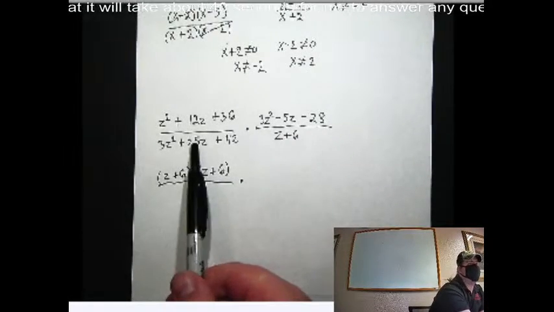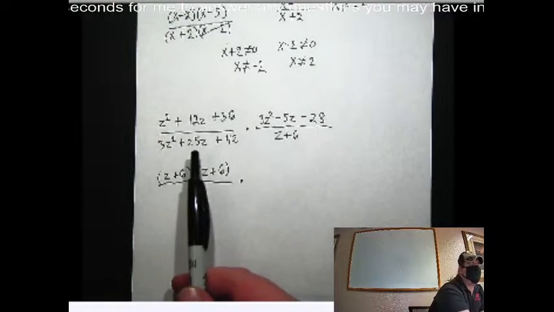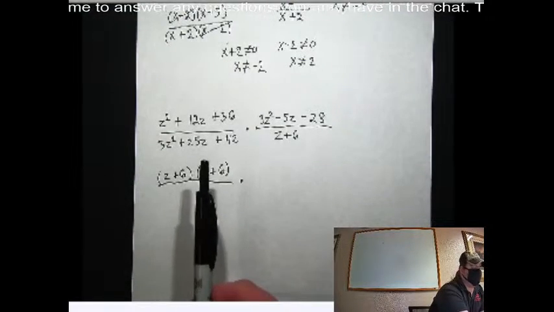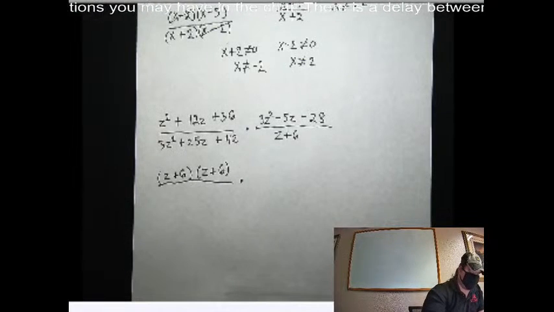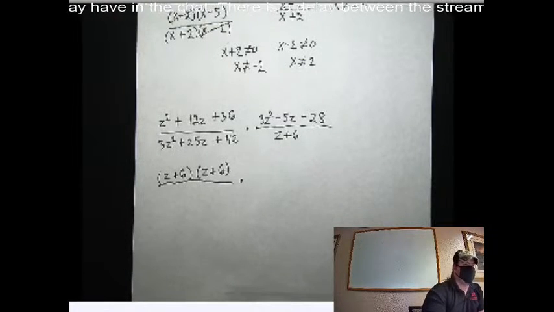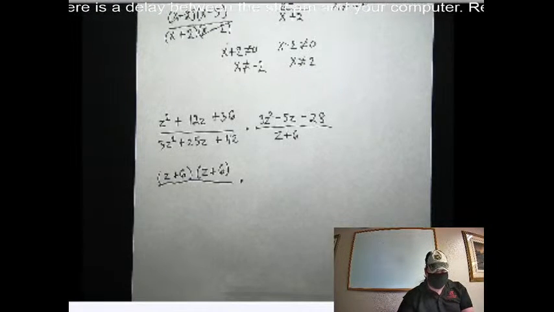Now let's try this one on the bottom. Again, what's my leading coefficient? What's my A for this one on the bottom? And my C? Okay, so 3 times 42, 126, good. So now we need to find factors of 126.